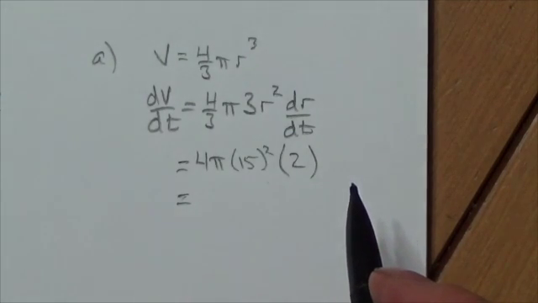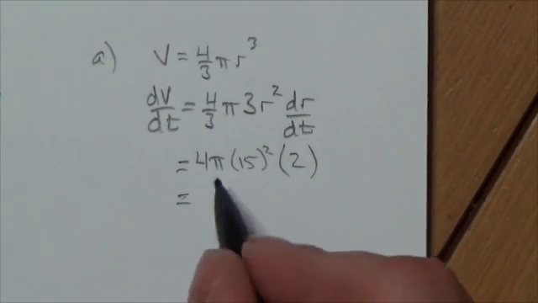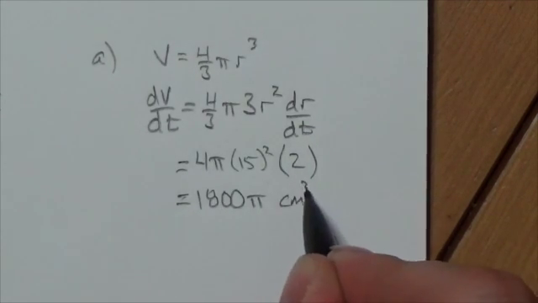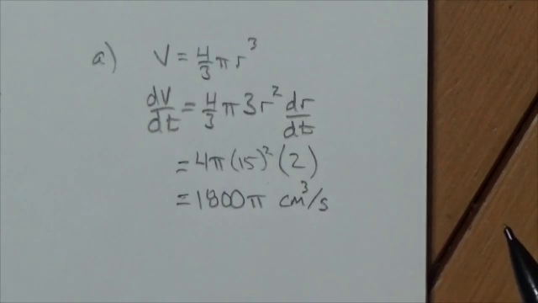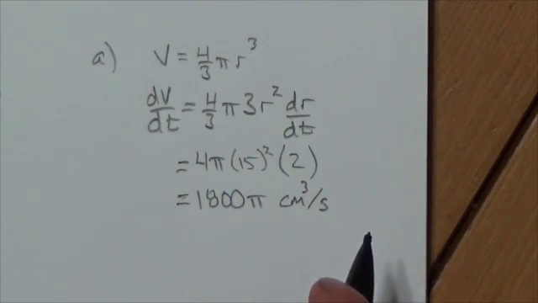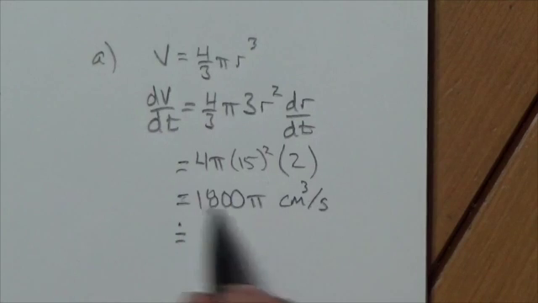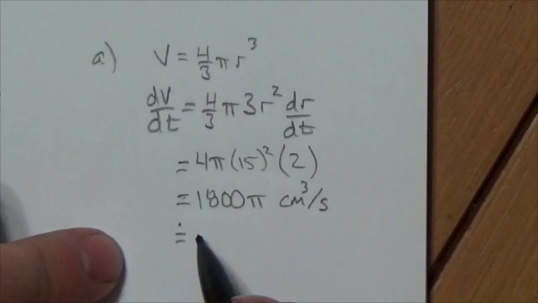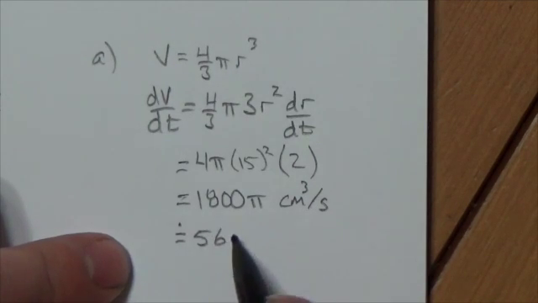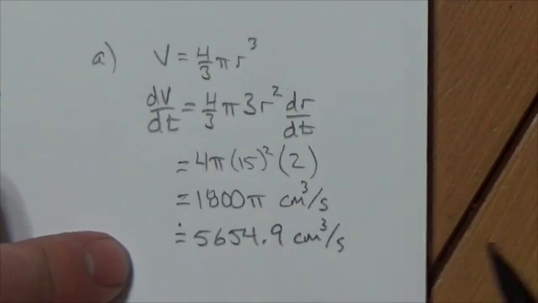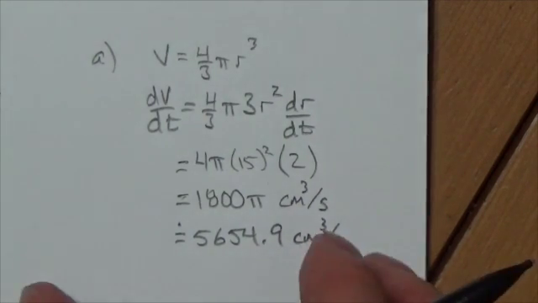Multiplying that together, I get 1800 pi centimeters cubed per second, since it was in centimeters and seconds. That's exact. If we want an approximate value, multiplying by pi gives approximately 5,654.9 centimeters cubed per second. So there's the answer to part A.